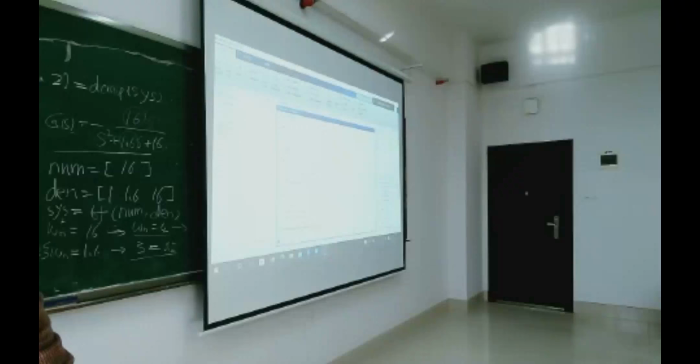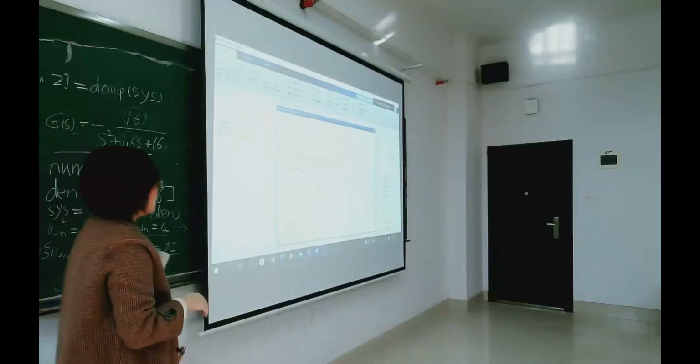Let's try. If we use the code, let omega n and zeta equal damp of the transfer function. Let's see what the result will show here.